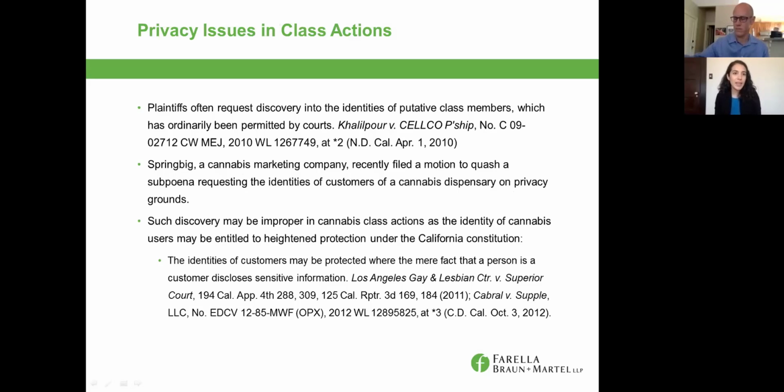So finally, and briefly, if you do find yourself a party to a class action lawsuit, know that plaintiffs usually ask for the identities of putative class members so that they can reach out and discover facts relevant to their lawsuit.